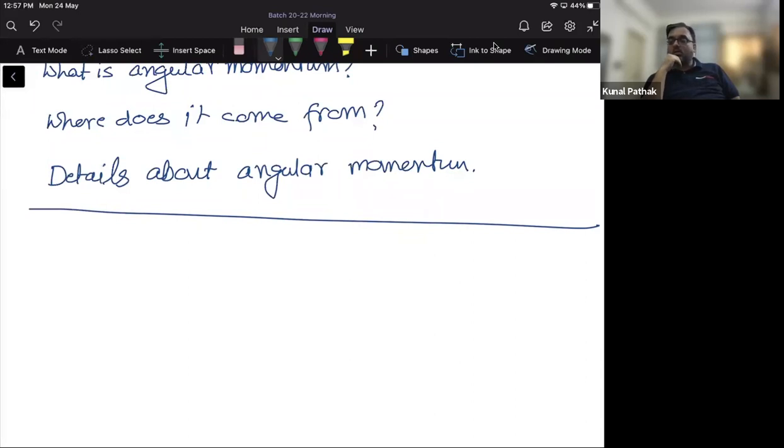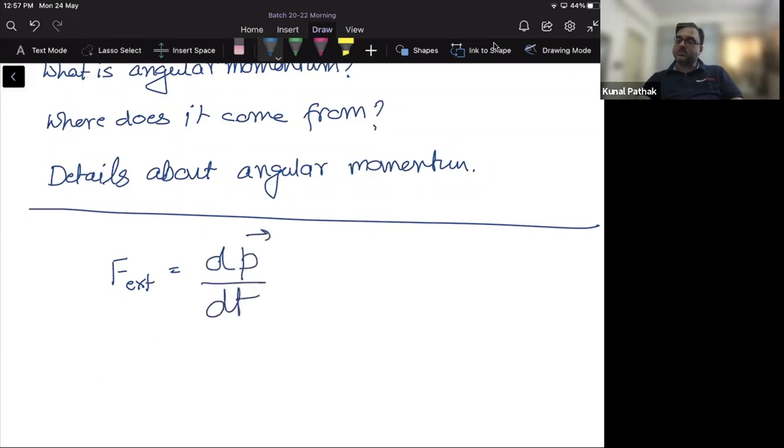Now, unfortunately, no such logical succession of steps exists in which I can arrive at a quantity called angular momentum. I mean, I can do some circular definitions. I can say that the torque is equal to the rate of change of angular momentum, or I can do something which is really forcing the thing: F external is equal to dP by dt.